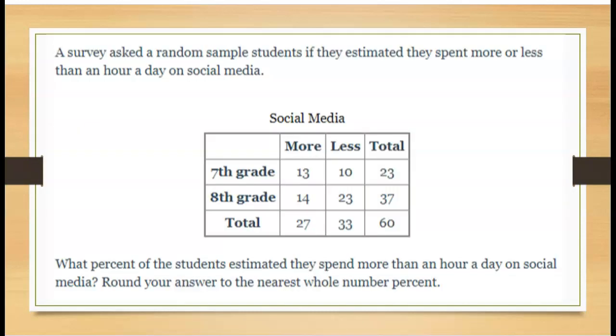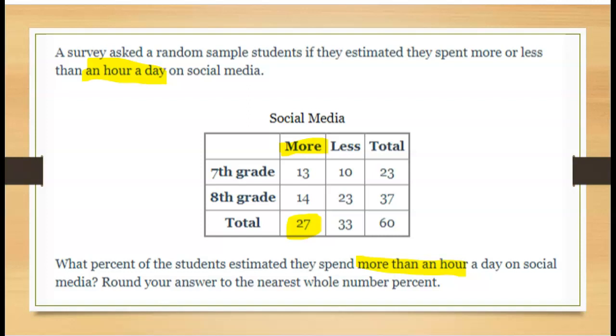All right, we have another survey where they estimated whether they spent more or less than an hour a day on social media, displayed here in the table. And we're asked to find the percent of students who estimated that they spent more than an hour a day on social media. Notice this one does not say 7th grade or 8th grade, so we're taking the total number of people that spent more than an hour a day on social media.